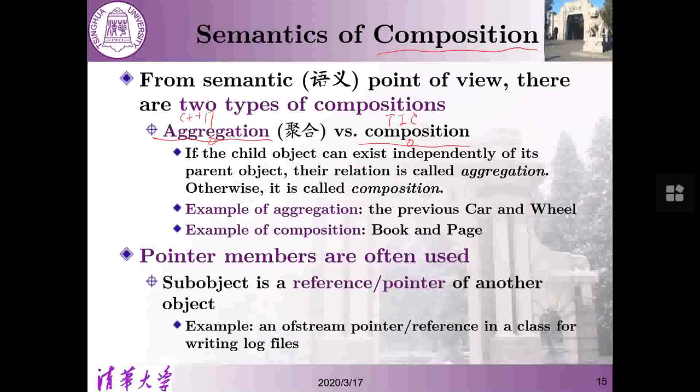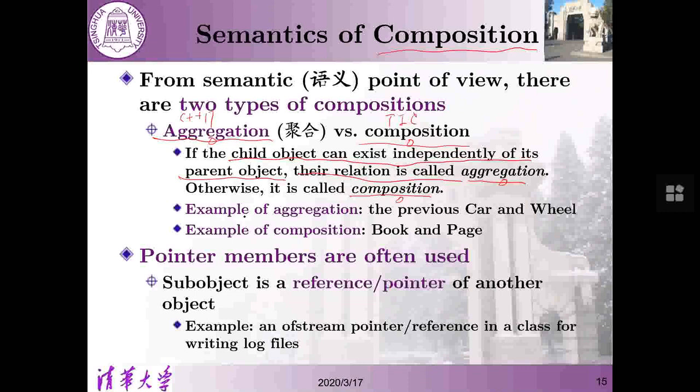The difference is that if the child object can exist independently of its parent object, the relation is called aggregation. Otherwise, it is called composition. That means it's a very fine difference, right?